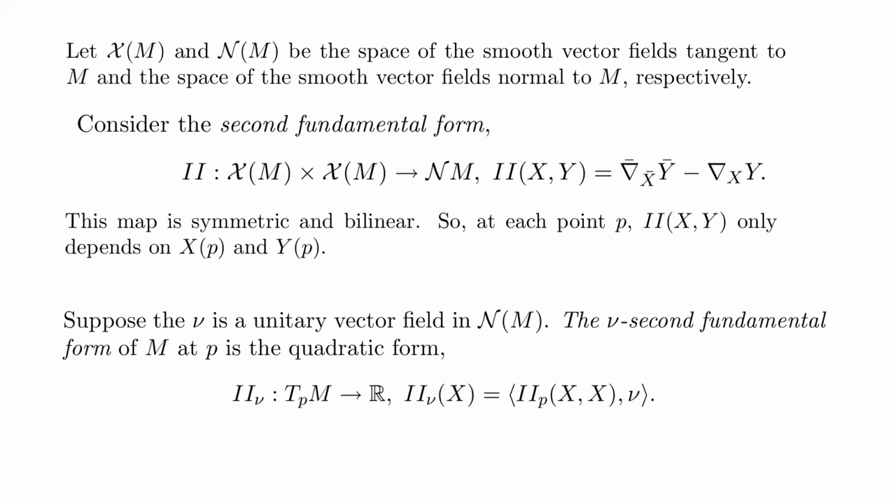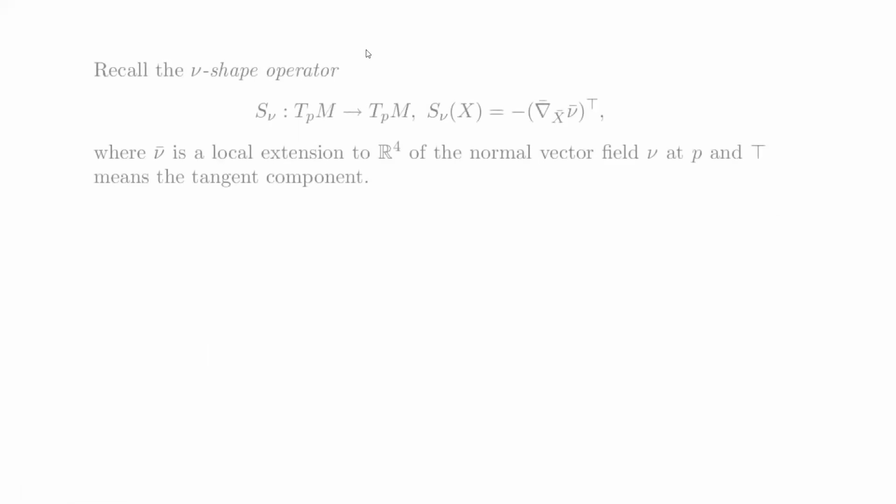Okay, so very good. Well, this quadratic form has associated a shape operator, which is exactly the tangent projection of the covariant derivative of the normal with respect to the tangent. Observe that we need to put bars because we need to have extensions in order to consider the connection in the ambient space.